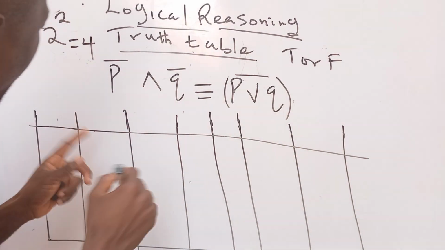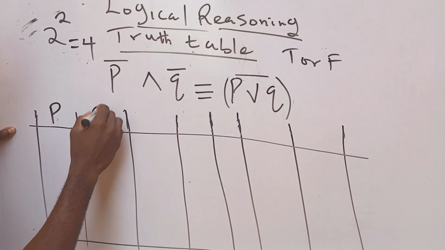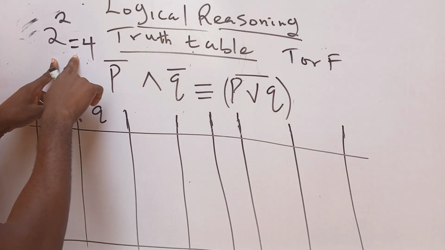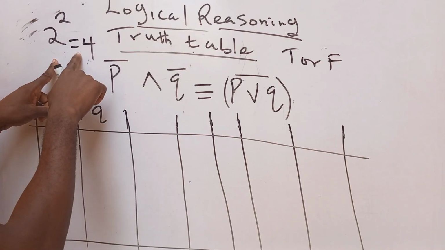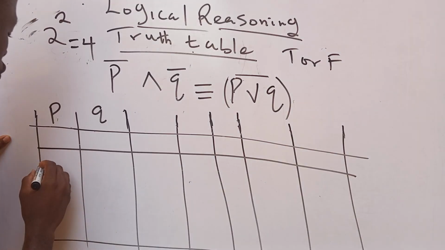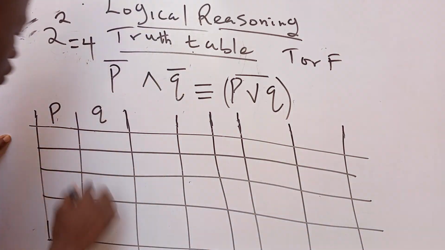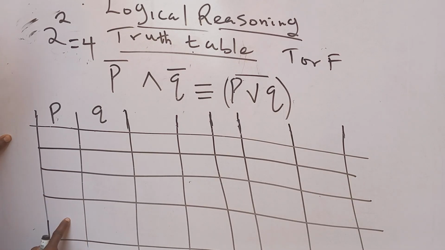Meaning that we are going to have our P and our Q. Then we are going to create 4 rows: 1, 2, 3, 4. Guys, we have been able to create 4 rows.